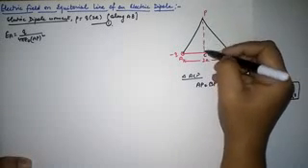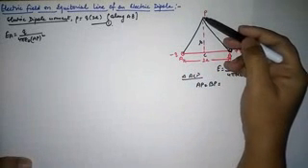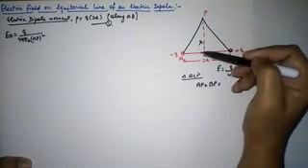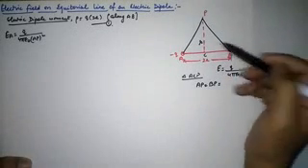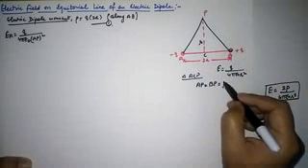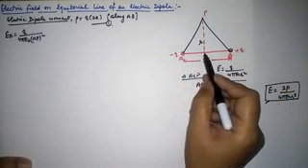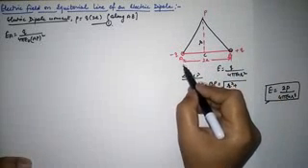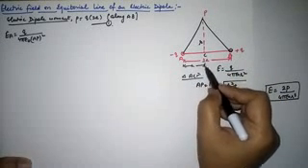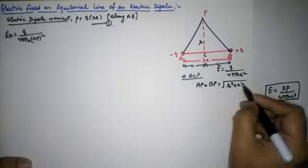Suppose this CP is taken as r, meaning the point P is taken at a distance r from the center of the dipole. Okay. So what is AP? AP is equal to BP is equal to the square root of r square plus this CA square, or we can say CB square. What is this? a. This is also a. So this is AP.